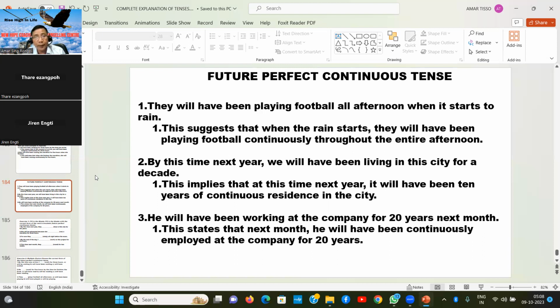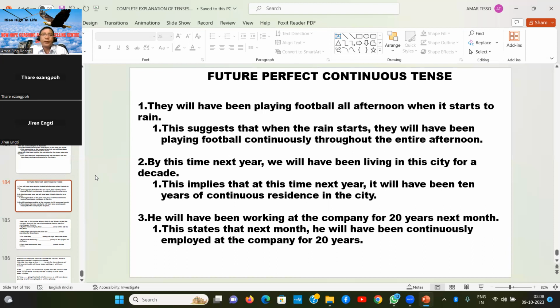But here in future perfect continuous tense, the first one will have only the simple present. When the rain starts, they will have been playing football continuously throughout the entire afternoon.